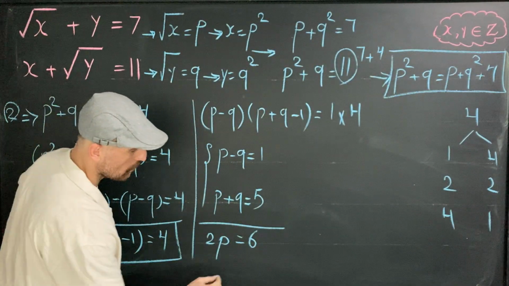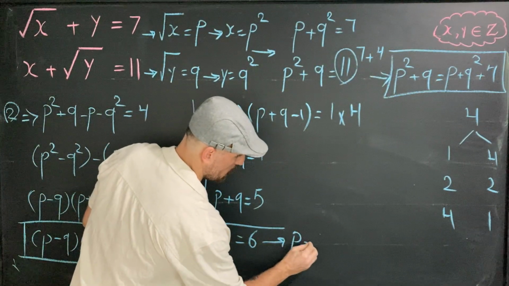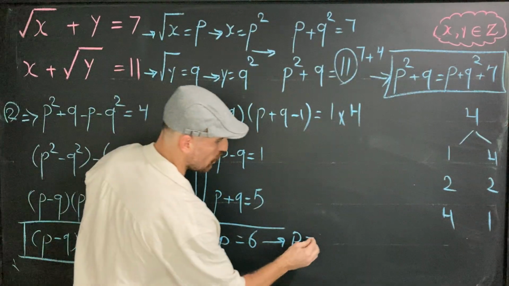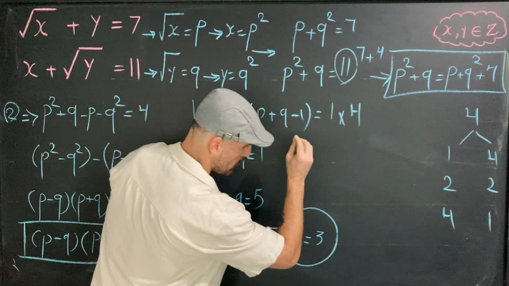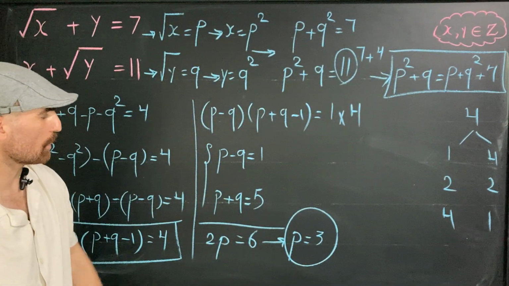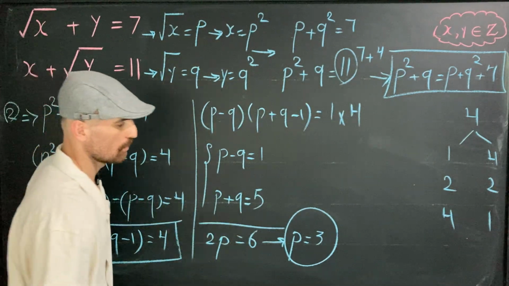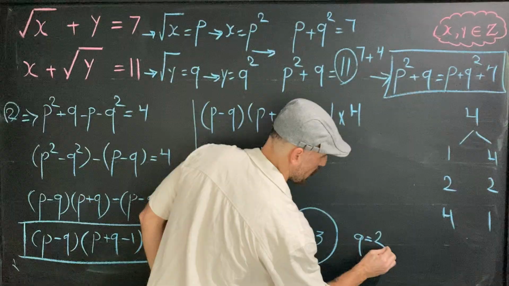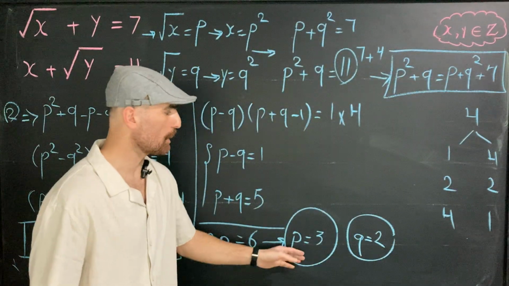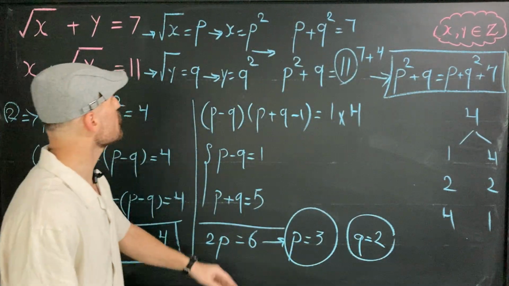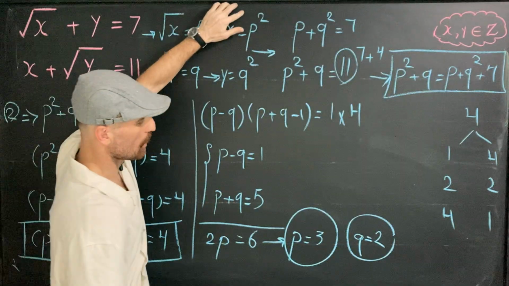2p is 6. What is the value of p? P is going to be 6 divided by 2, or 3. When p is 3, what is the value of q? P plus q is 5. So q is going to be 2. So now we have the value of p and value of q. What is x? X is p squared.